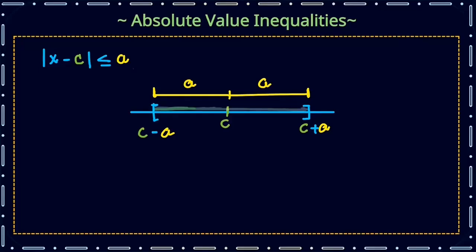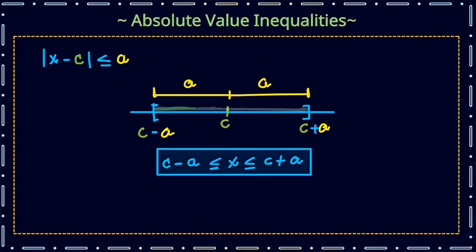If you have this absolute value inequality, you can rewrite it algebraically as x being between and including c minus a and c plus a.